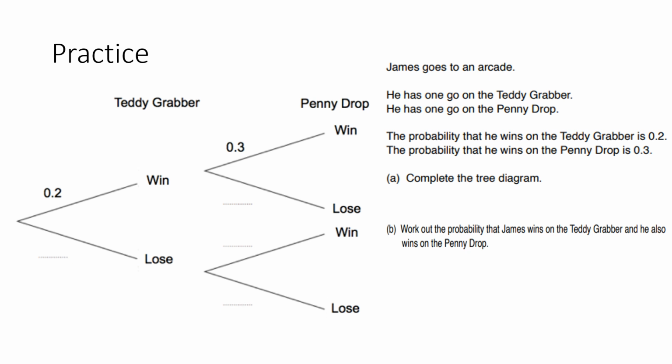So the first thing they want you to do is complete the tree diagram. And finally, they want you to work out the probability that James wins on both the teddy grabber and also on the penny drop. To do that, now pausing the video.